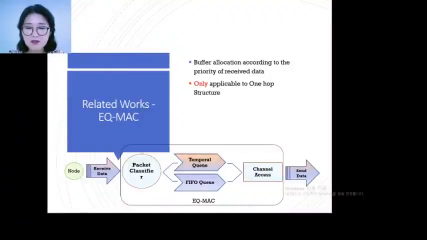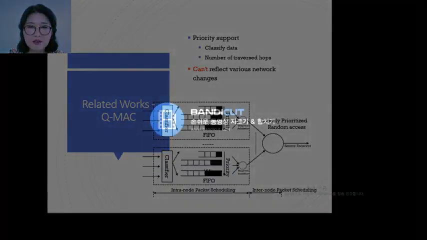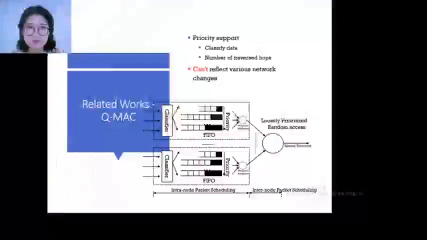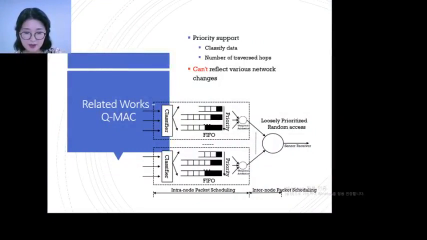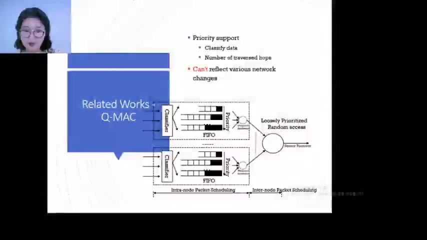And then the next related work is QMAC. QMAC has multiple Qs to support priority data, classified and stored in multi-Q. Data is classified by application contents, and different priorities are applied according to the number of traversed hops provided in the MAC layer.